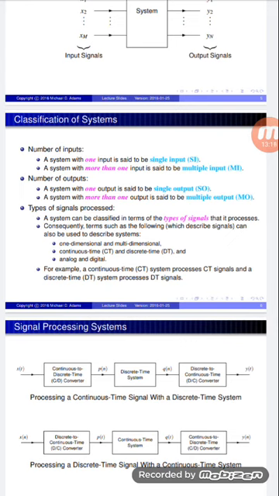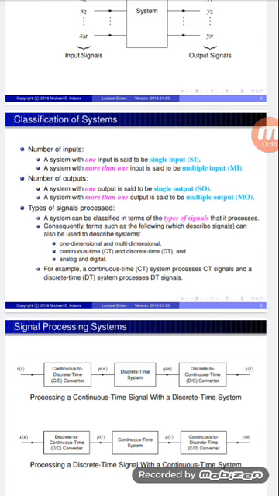Types of signals processed: a system can be classified in terms of the types of signals that it processes. Terms such as the following can also be used to describe a system: one dimensional and multidimensional, continuous time and discrete time, CT and DT, and analog and digital signals.